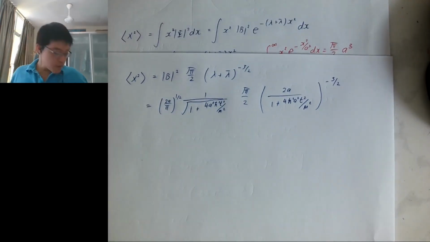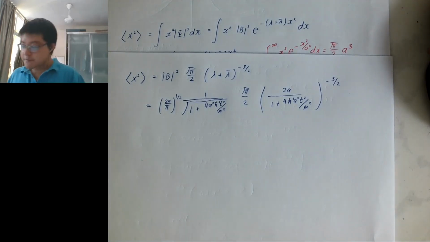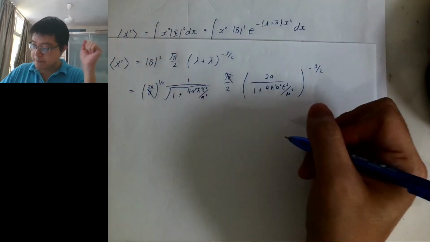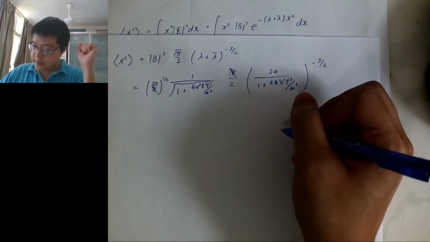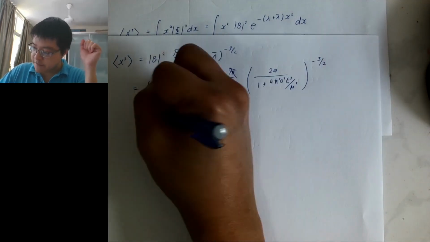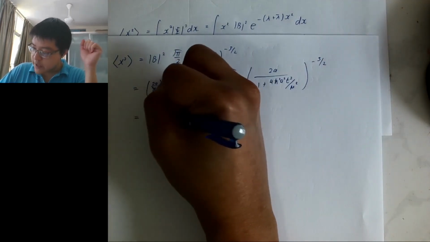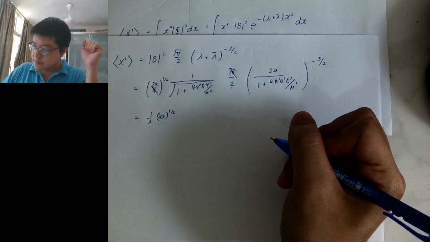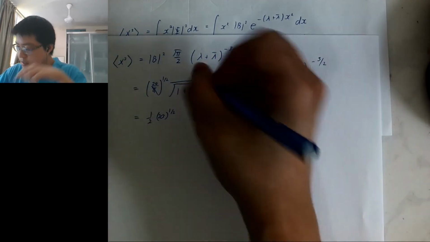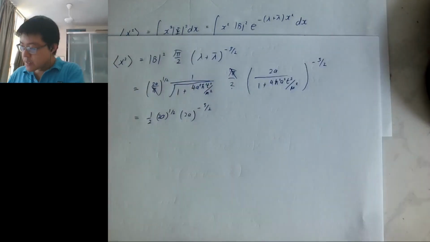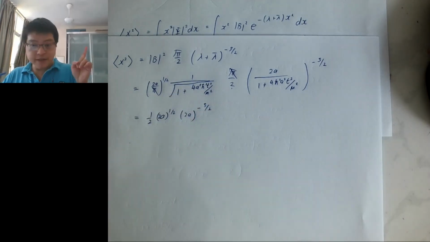Okay, so what do we have? Well, we have some more cancel culture, lambda root lambda. And let's keep it like this for now. There's a 2a to the power half, and then there's another 2a to the power of minus 3 over 2, and then this thing and this thing are the same factor.